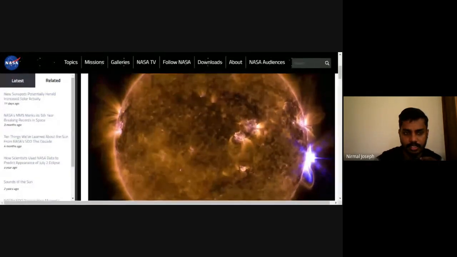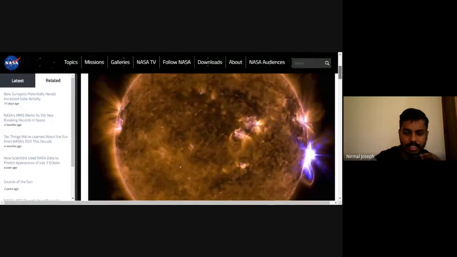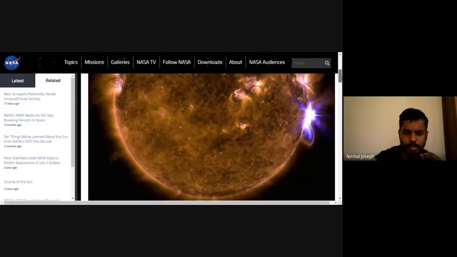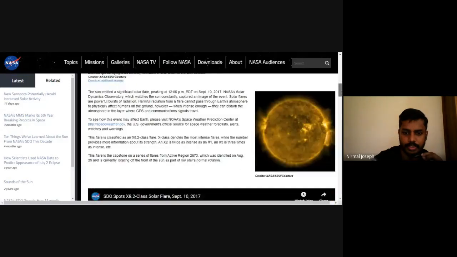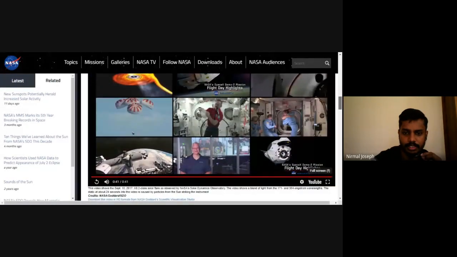Yes. Okay. So here, this picture shows what a solar flare is. You can see the brightest outputs on the left side and right side. Those are solar flares. That means a sudden increase of brightness at some specific points. There is a video also, just 40 seconds.